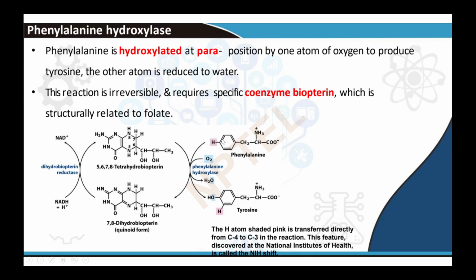The hydrogen that was at the fourth carbon shifts to the third carbon. So the hydrogen atom is transferred directly from C4 to C3 in the reaction. Since this feature was discovered at NIH, it is called the NIH shift. And this reaction is irreversible, and it requires a very specific coenzyme, biopterin, which is structurally related to folate.